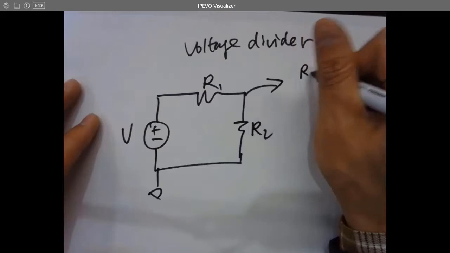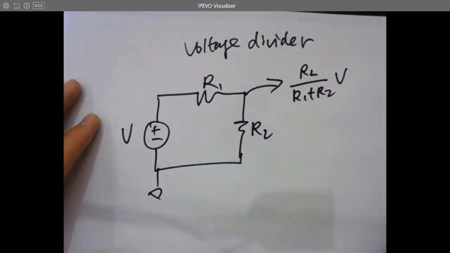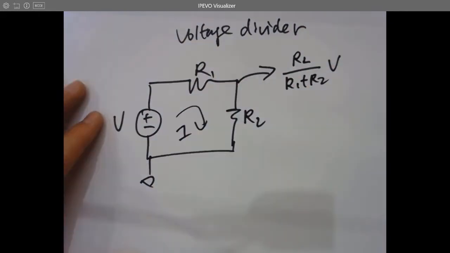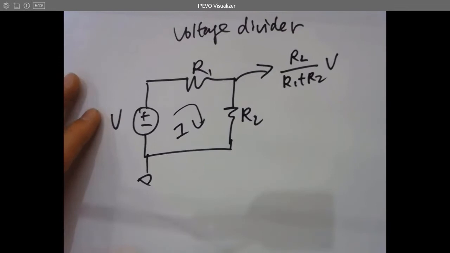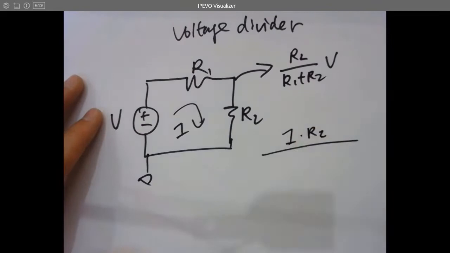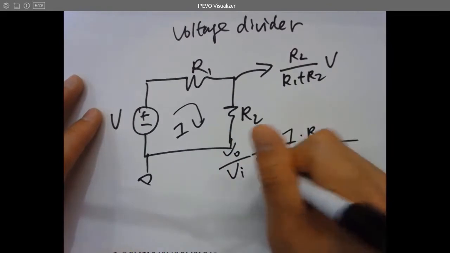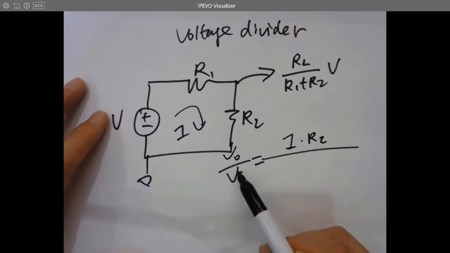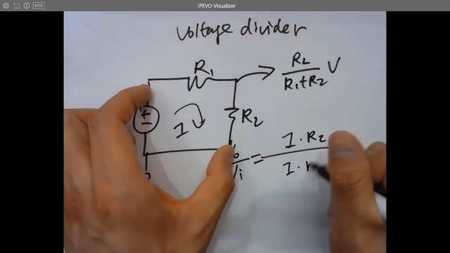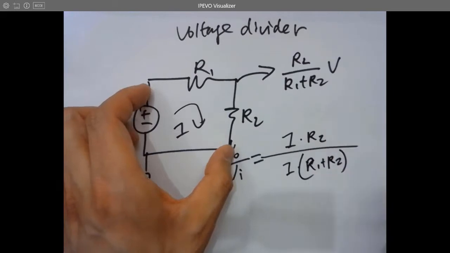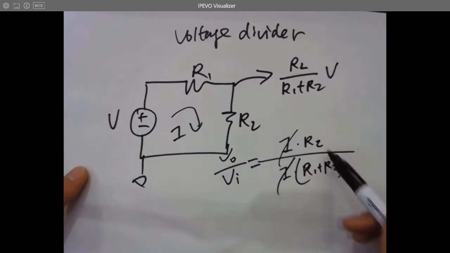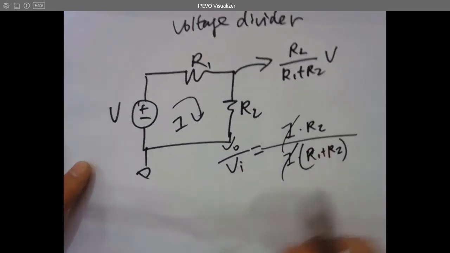Why? You got current, right? So what's the voltage here? I times R2. What's the voltage overall? V in. You got current flowing through these two resistors. Cancelled. VO over VI is R2 over R1 plus R2, voltage divider.